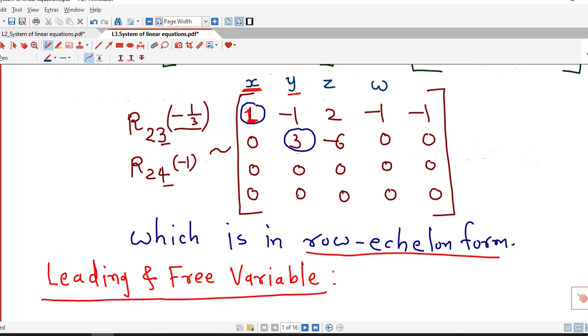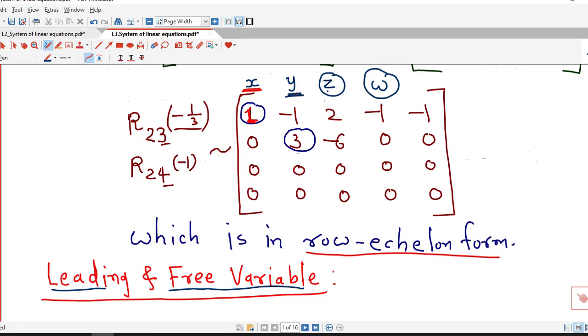So the variables corresponding to the first non-zero entry of a row are known as leading variables, and remaining variables are known as free variables. So here the first non-zero entries of first and second row correspond to the variables x and y. Therefore x and y are known as leading variables, and remaining variables z and w are free variables.